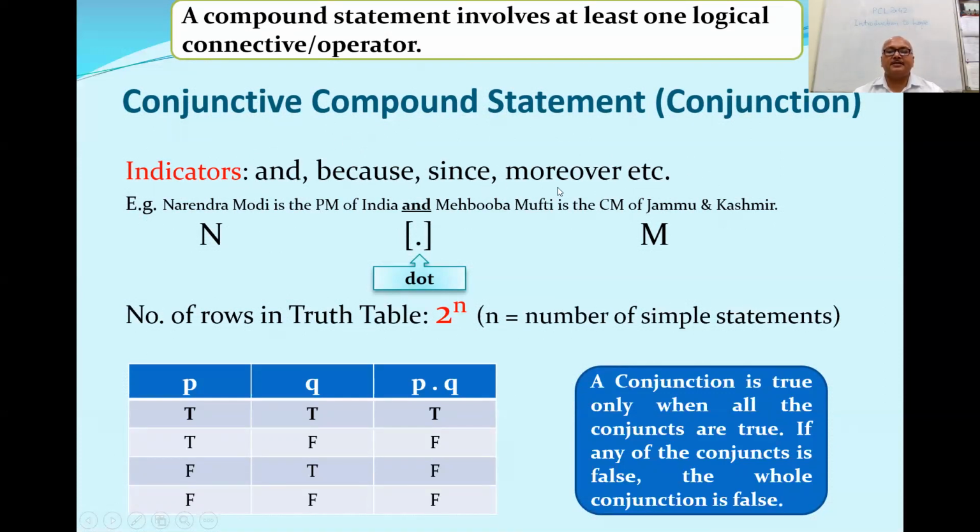So there are certain indicators where, when simple statements are combined with these indicators, then we call them conjunction. So I have taken some examples: and, because, since, moreover, etc. When two simple statements are connected or combined with these expressions, we call that statement a conjunction, compound statement.